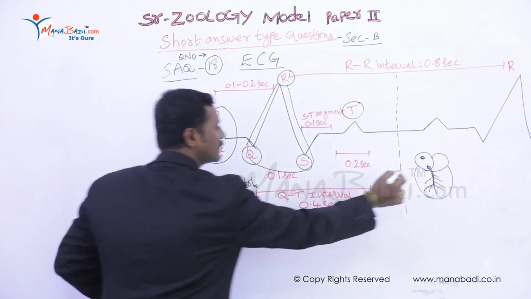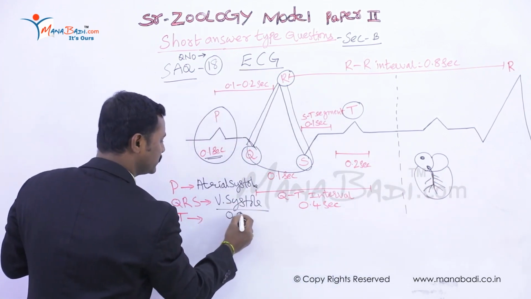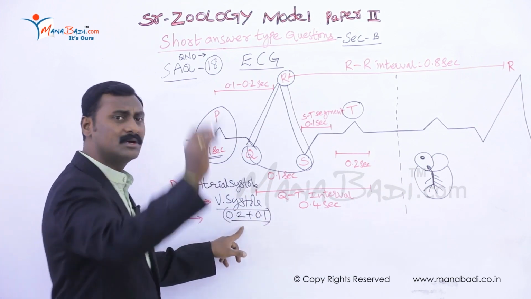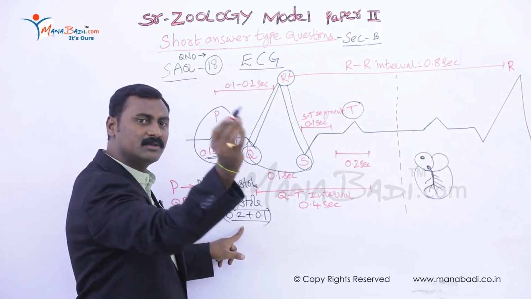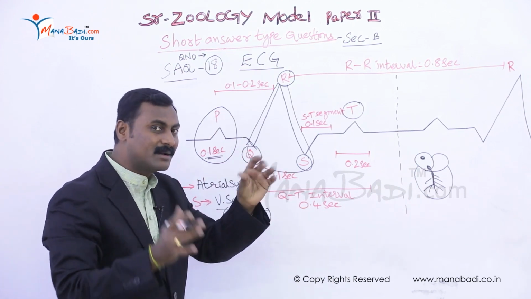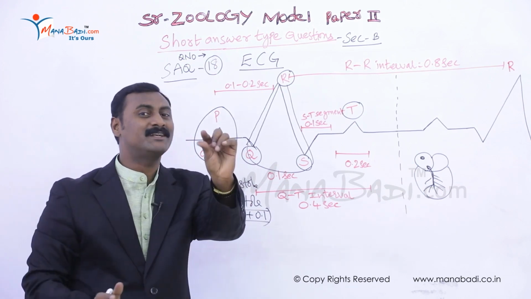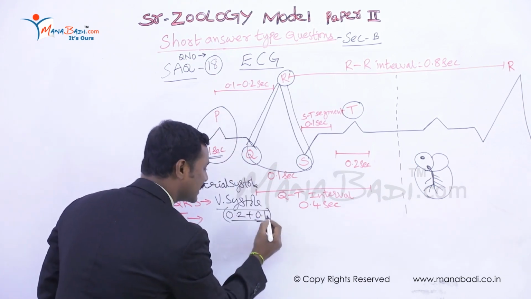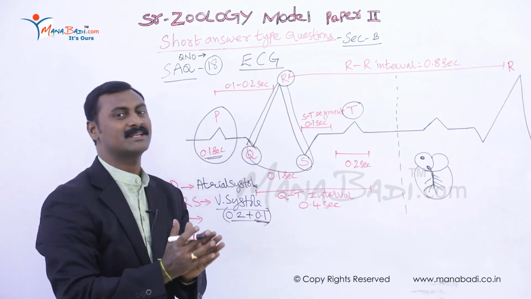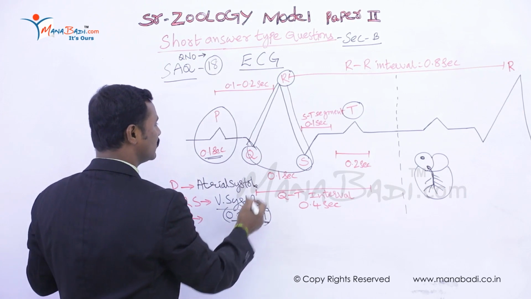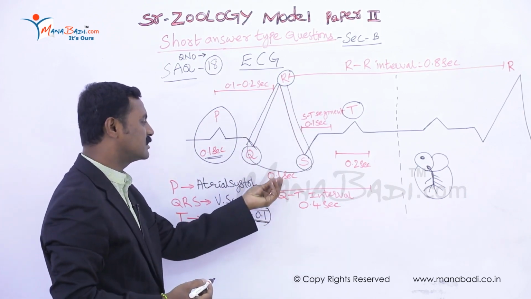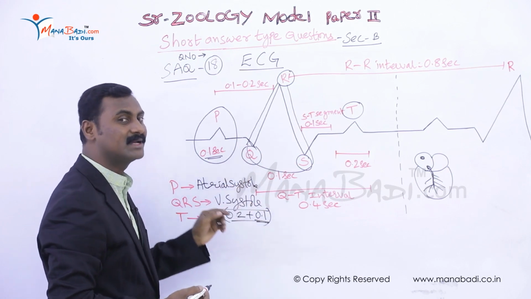So the time is nothing but 0.2 plus 0.1. What is the meaning of this 0.2? This is the traveling time from the AV node to the bundle of His to the Purkinje fibers. But real contraction happens in 0.1 second. This is the real contraction time, same as atrial systole, same as ventricular systole. So that's why the QRS complex together, we can call it 0.1 seconds of time.